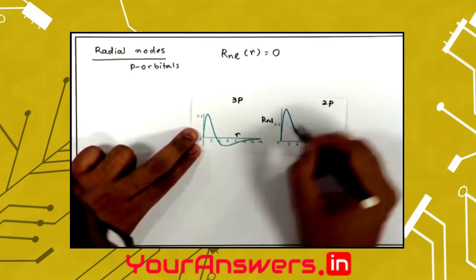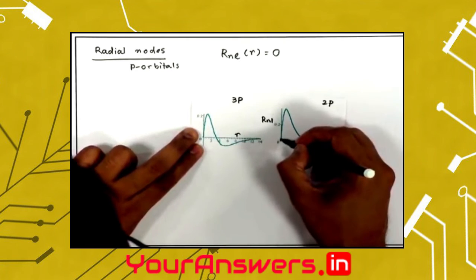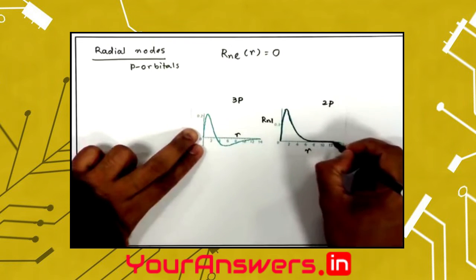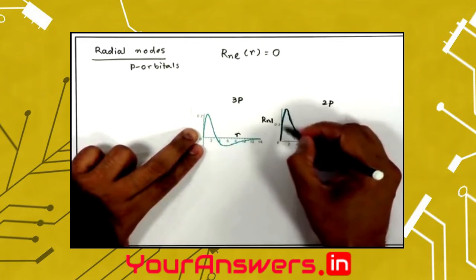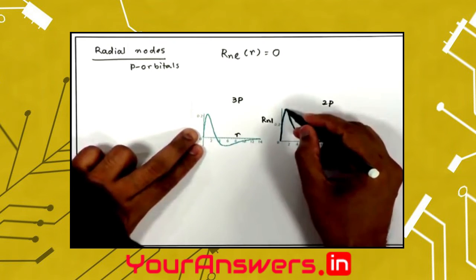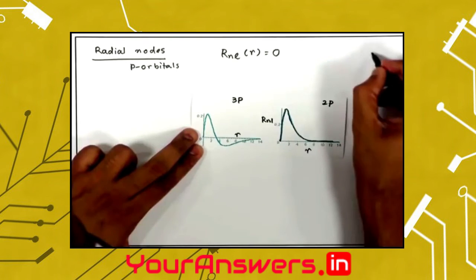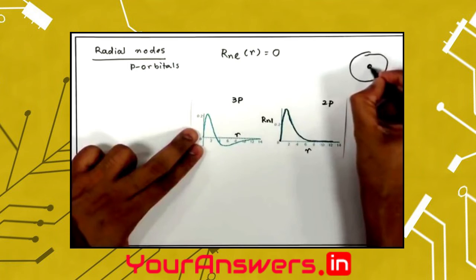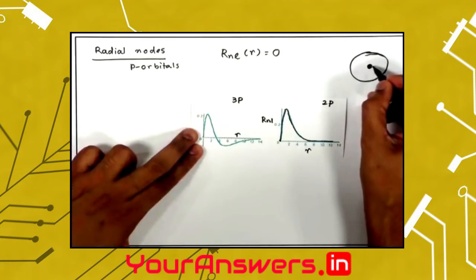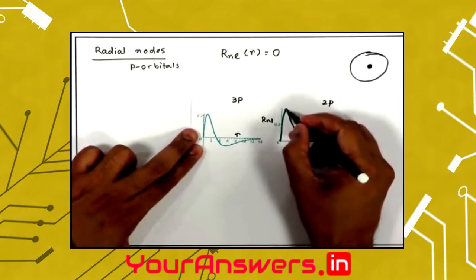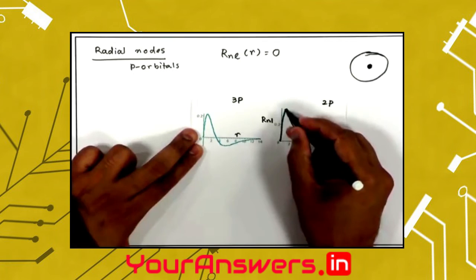So, when the electron is in a 2p orbital, the wave function has this behavior. You see, the radial component does not show any node. What you see here at r equals 0, what does that mean? In case of one s orbital, in case of any s orbital, there was always a finite probability of finding the electron on the nucleus. However, when it is a p orbital, this probability is always 0.